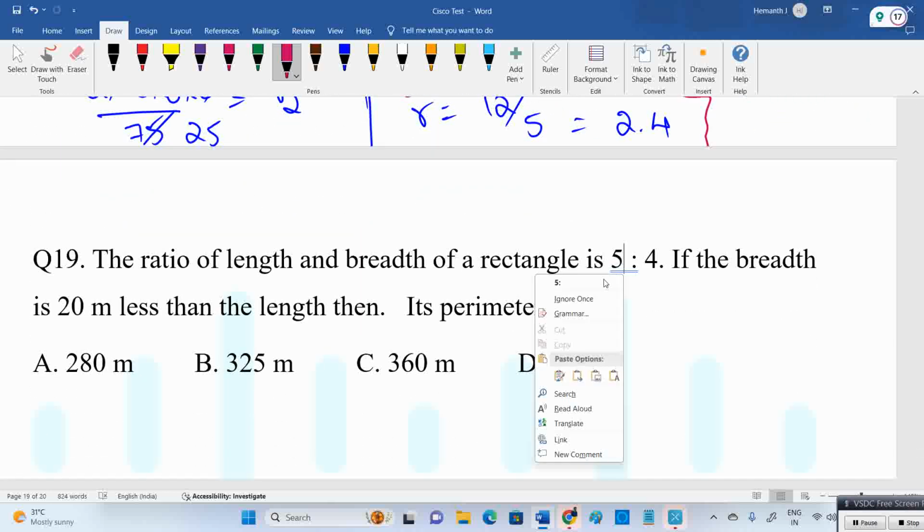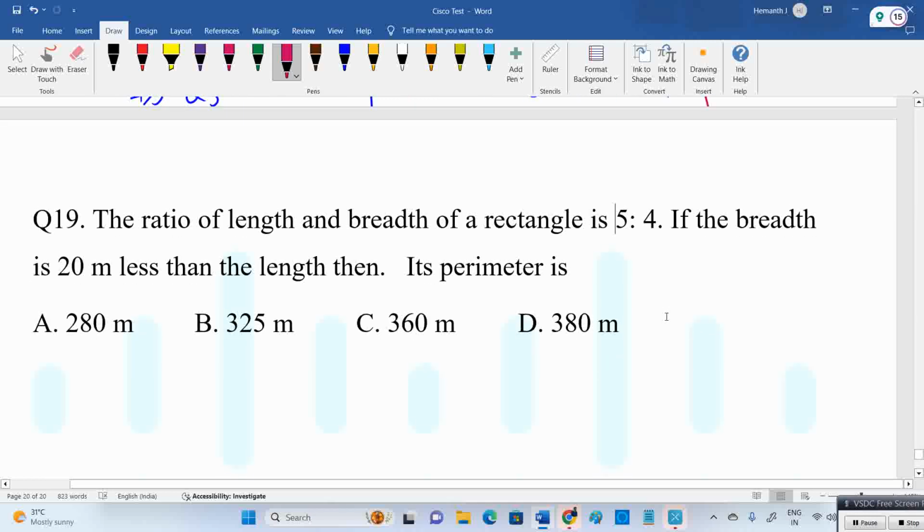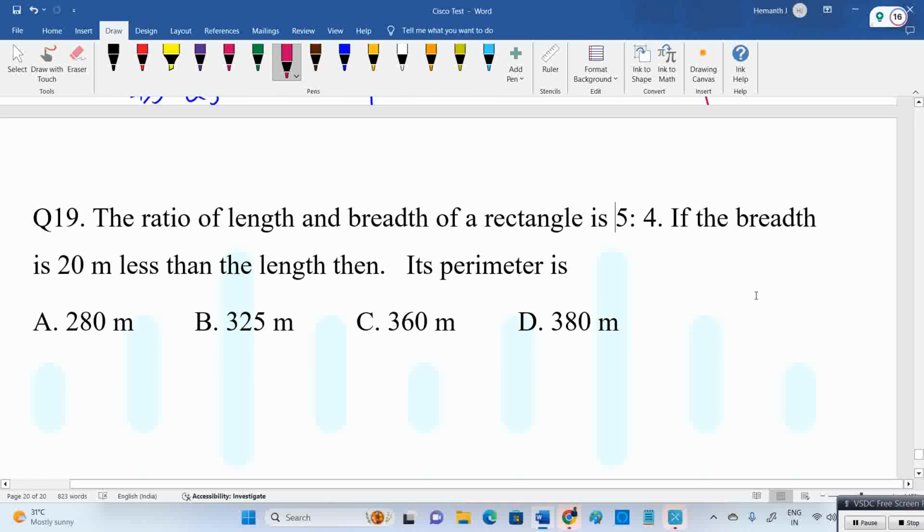Next one, I think this is a very easy question out of all. What's the answer? Length and breadth are in the ratio 5:4. Breadth is 20 less than the length. Here, what's the difference in ratio? 1. Breadth is 1 less than that.